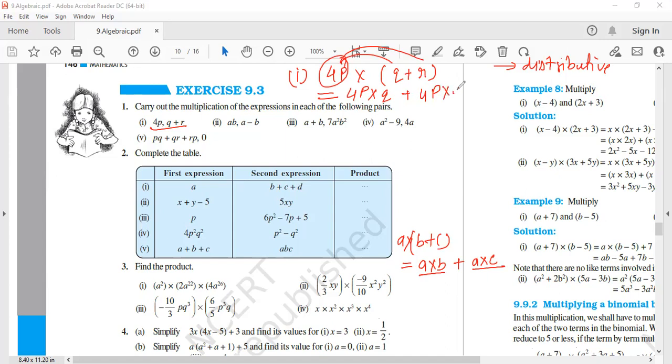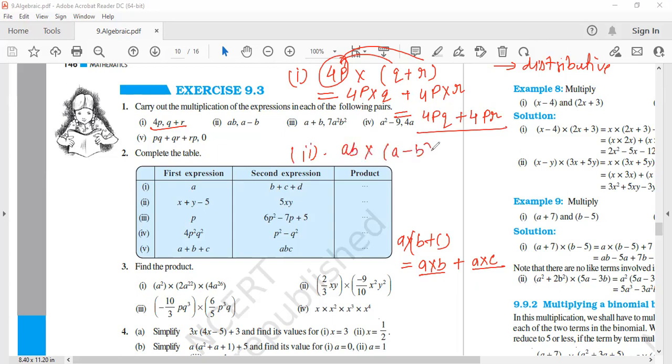Whatever is outside, we have to multiply with both the terms simply. So 4p into q done, 4p into r. So if you simplify this one, 4pq plus 4pr. This is the solution of the first question. I hope this is very easy. This is very easy actually.